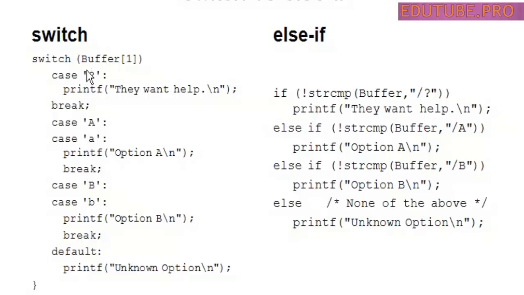If this question mark does not match our expression, notice that's a literal, single quotes around it. If this literal constant value right here does not match that, we'll go to the next one. And we'll look here, in case this buffer 1 is a capital A, or in case buffer 1 is a lowercase a, do this, print option A. Now we didn't have that functionality over here.